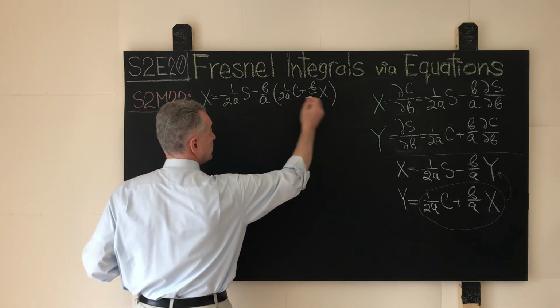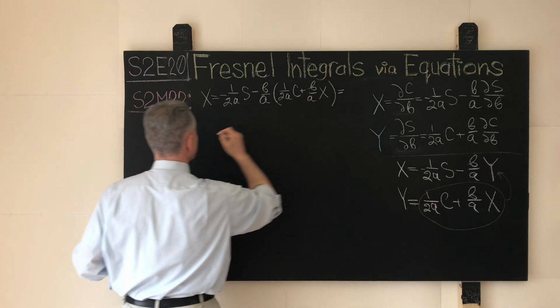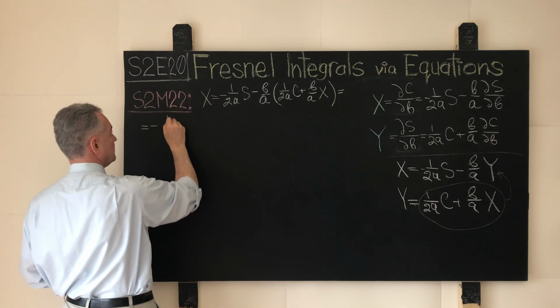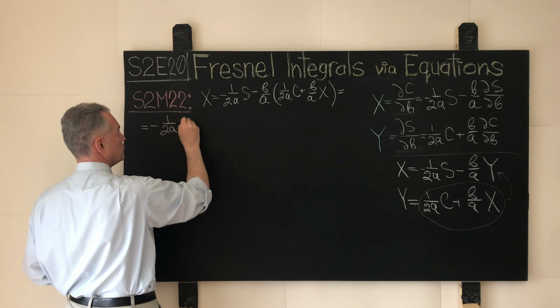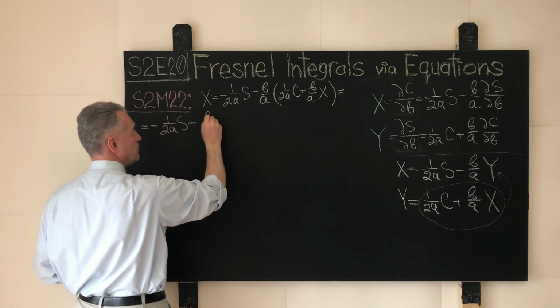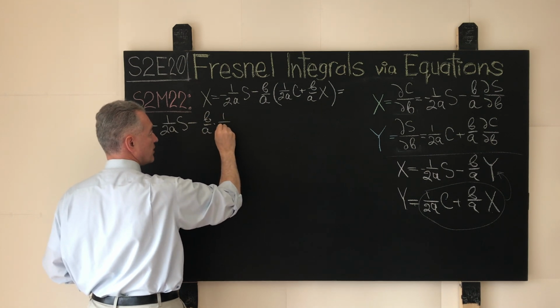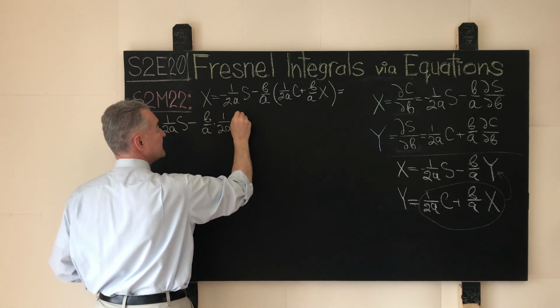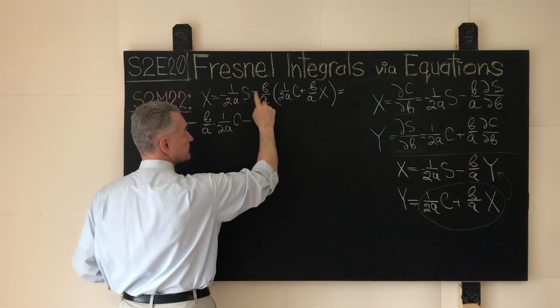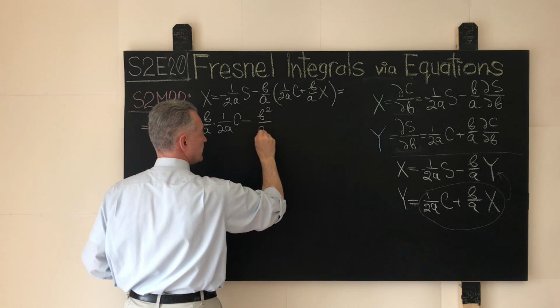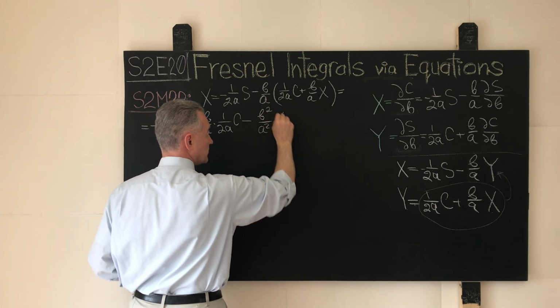So here we just keep rolling with this trivial arithmetic, and what do we have? We have negative 1 over 2a s minus b over a times, let's keep this factor separate right now, 1 over 2a c minus b over a squared times x, so here comes out b squared over a squared times x.